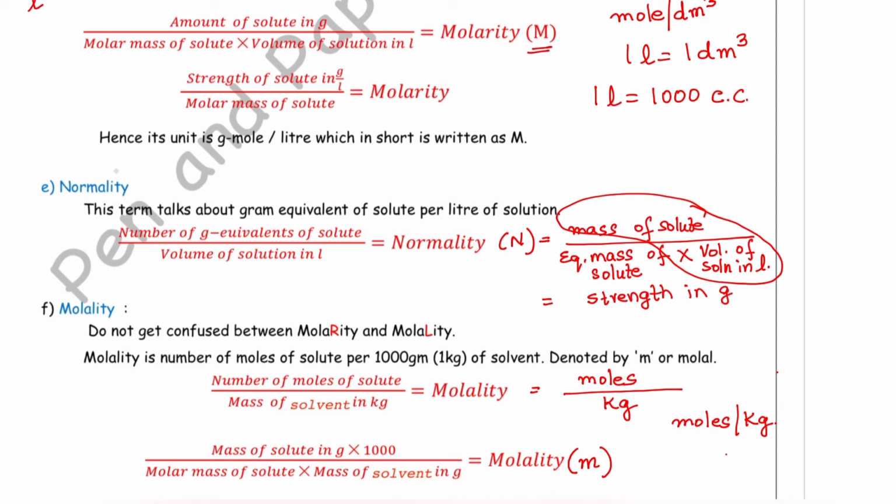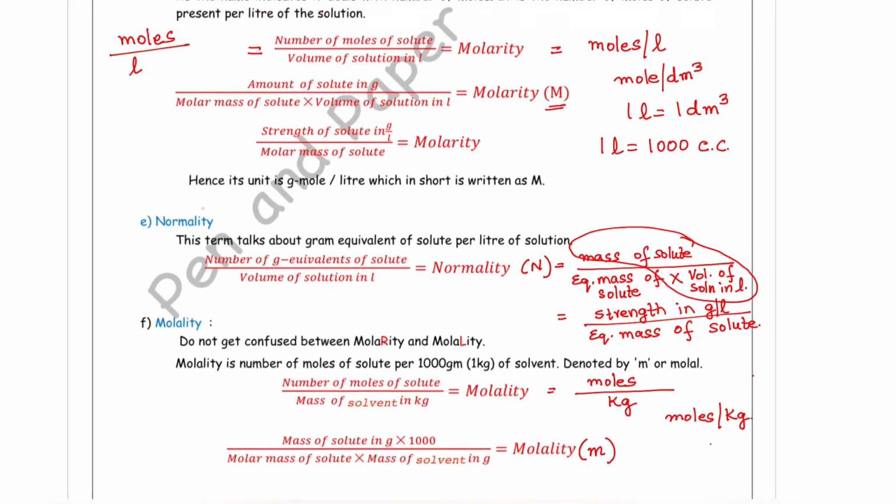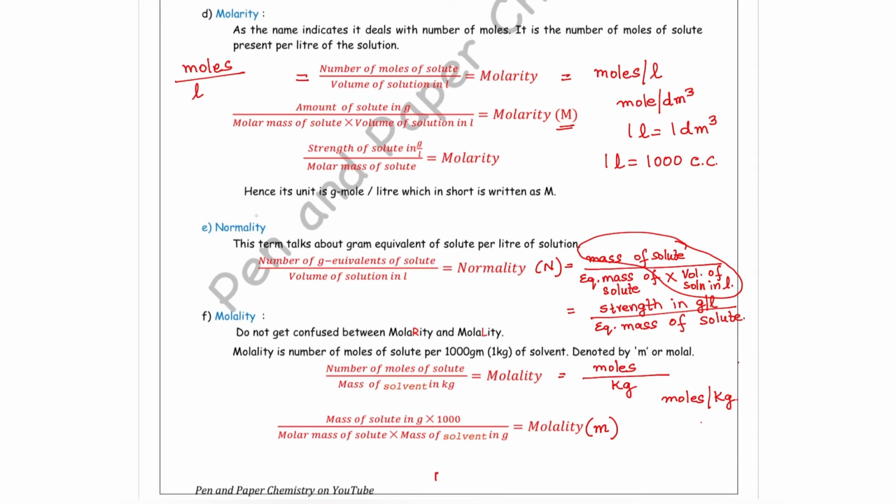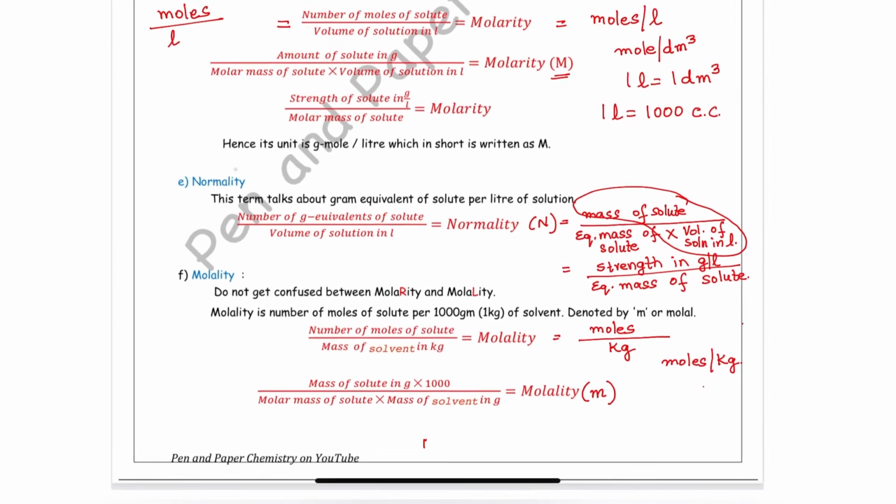So, I can write it as strength in gram per liter divided by the equivalent mass of solute. Again, be very, very careful about the terms solute, solvent and solution. I hope you are noting these down for future reference.